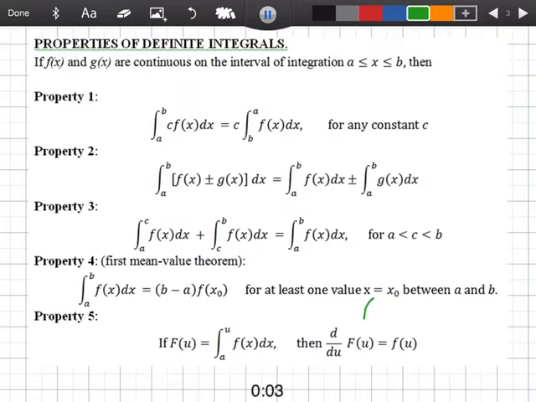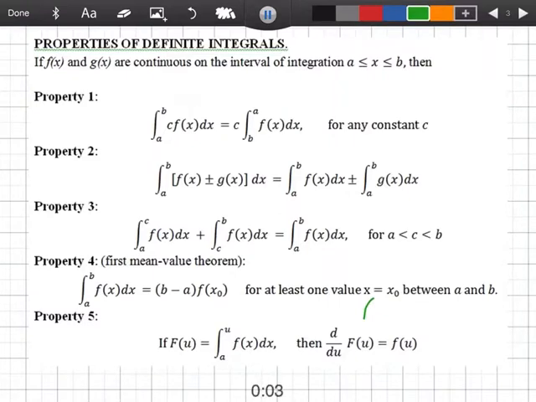And property number 4 is similar to the fundamental theorem. We integrate f of x dx and then multiply by the upper limit minus the lower limit, b minus a, for at least one value of x, when x is equal to x sub o.